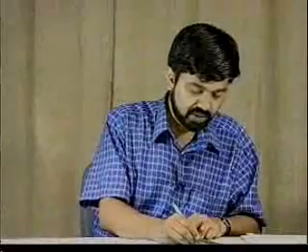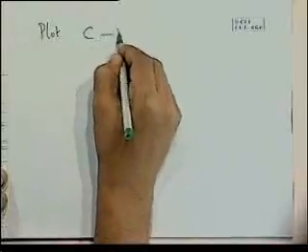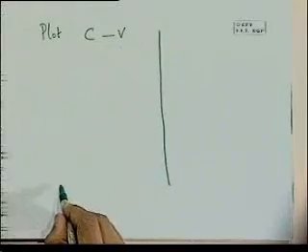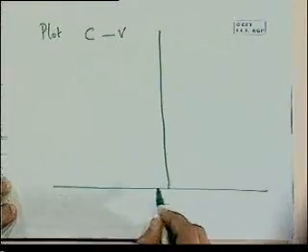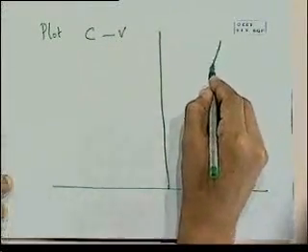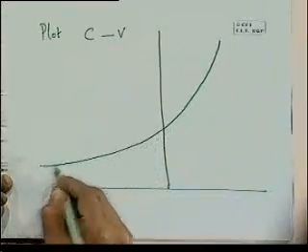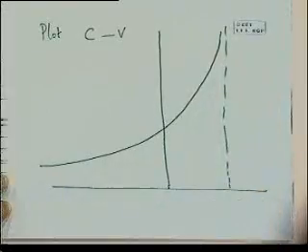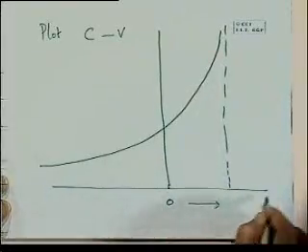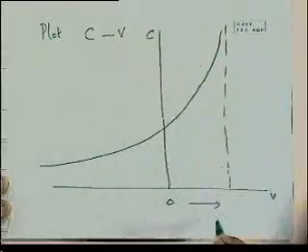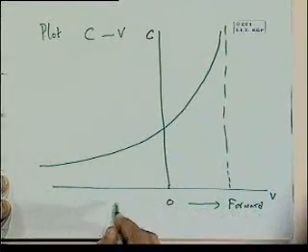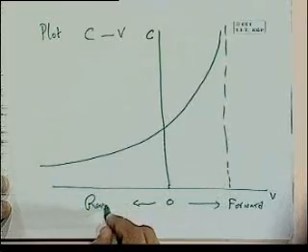So we can now make a plot of capacitance versus voltage. And what we have is something like this. That's in forward bias, and that's in reverse bias.